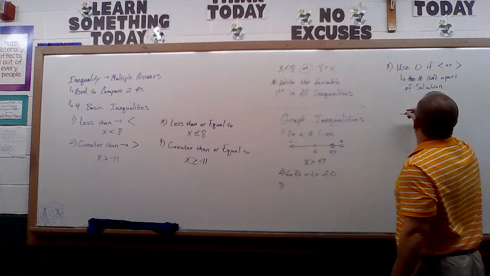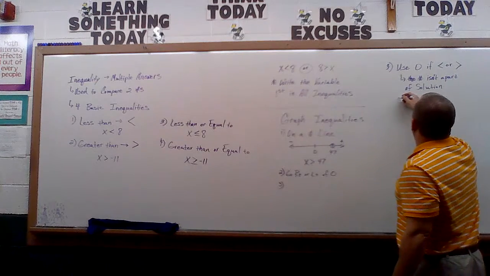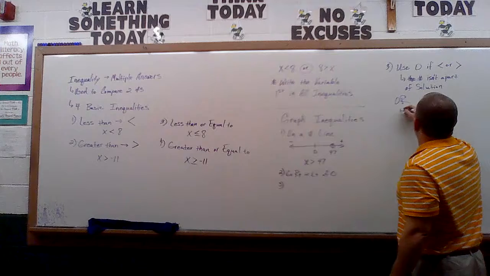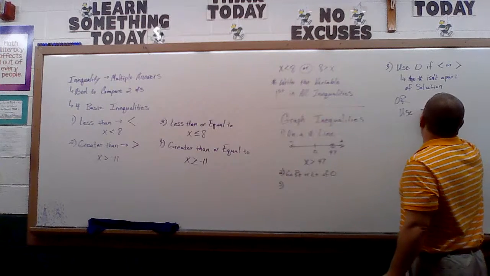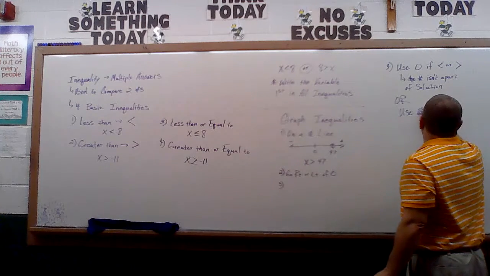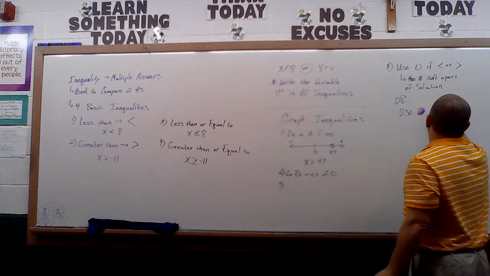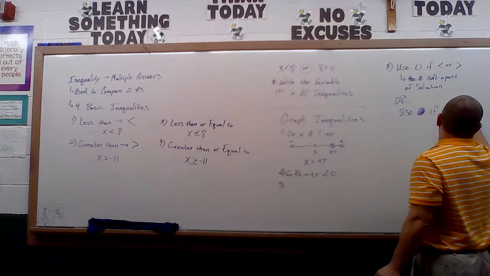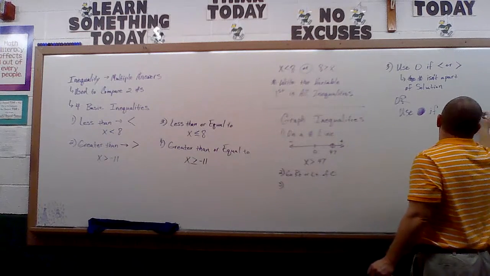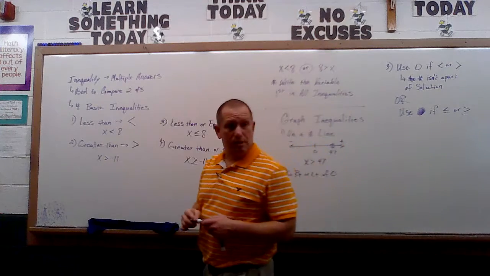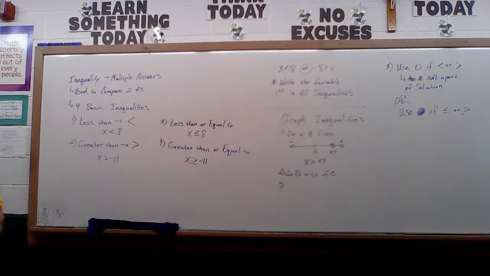So use an open circle if it's that, or use an actual dot if it's less than or equal to or greater than or equal to. So again, because it's equal to, that dot says that it's right on that particular point.